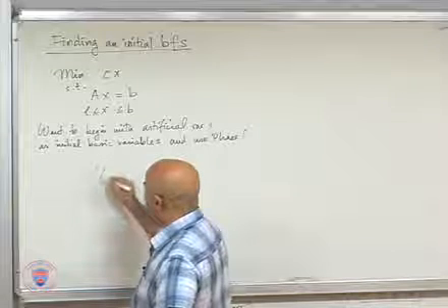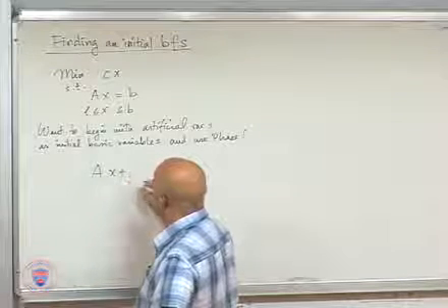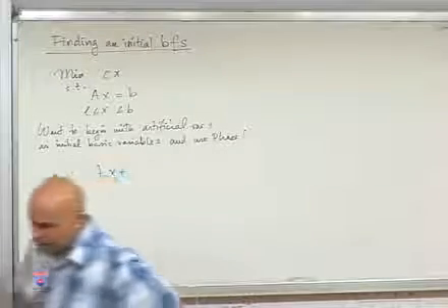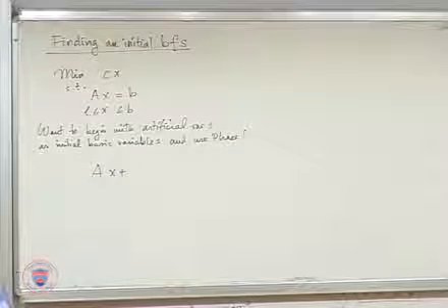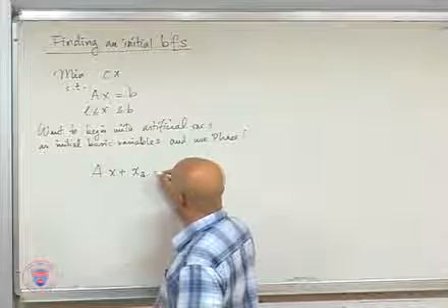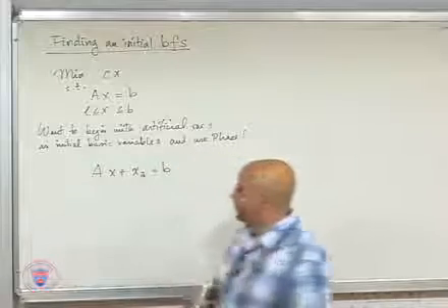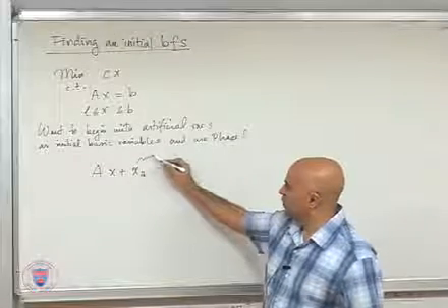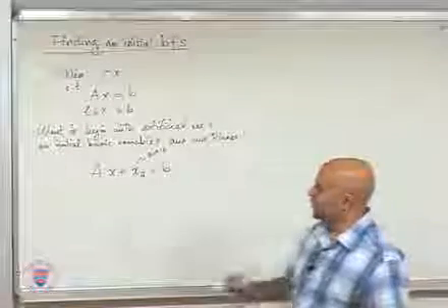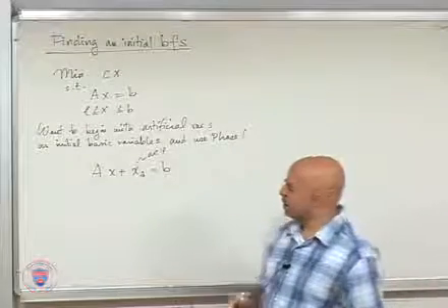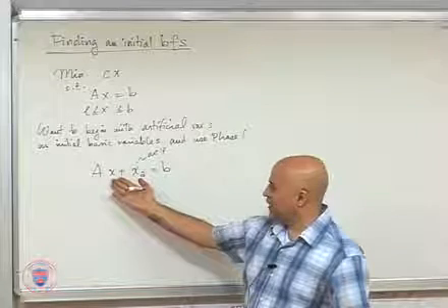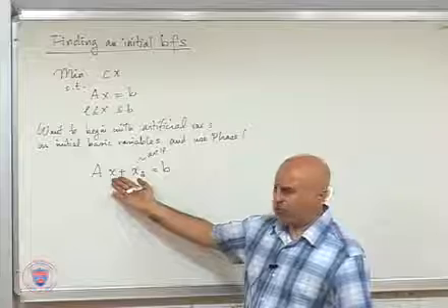So when you add the artificial variables, the problem will look like the following. Let's just give a name to that. Let me just see, what did I give? That's XA. Let's call it X sub A equals B. So these are artificial. And you want to minimize the sum of the artificial variables. Still, you can't take X to be 0.